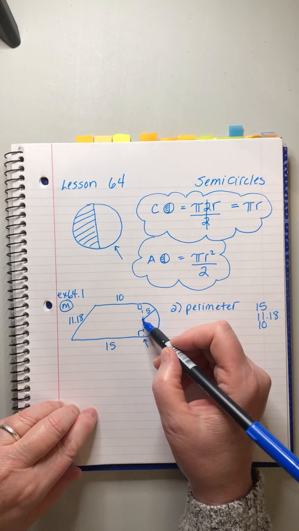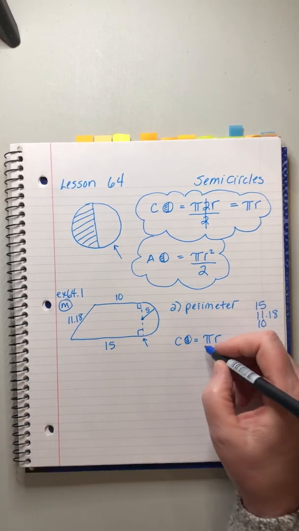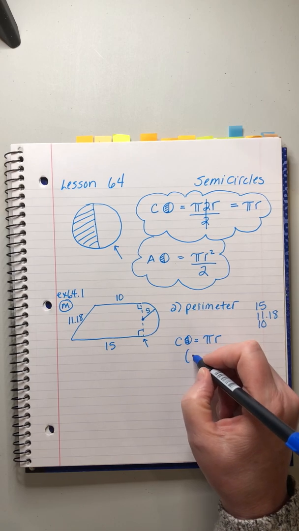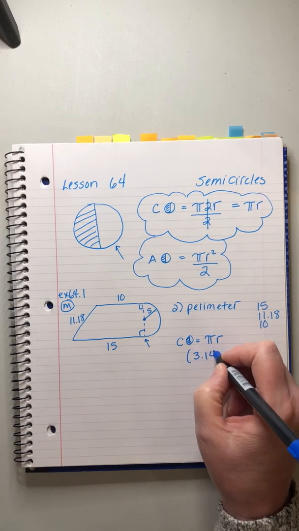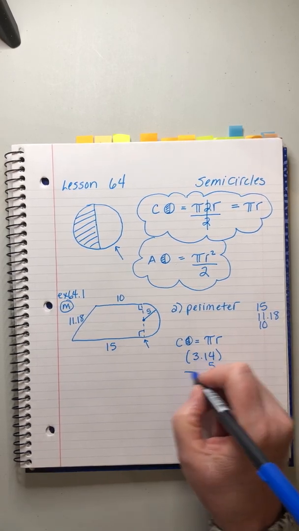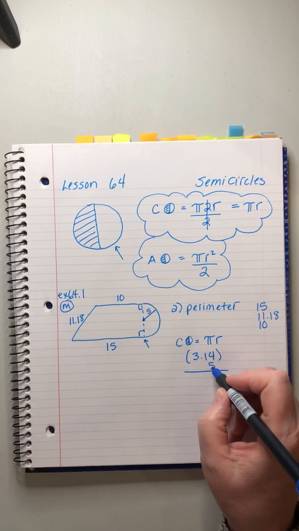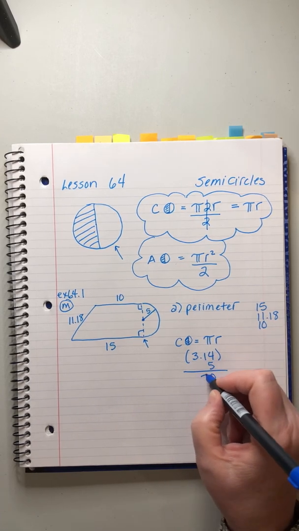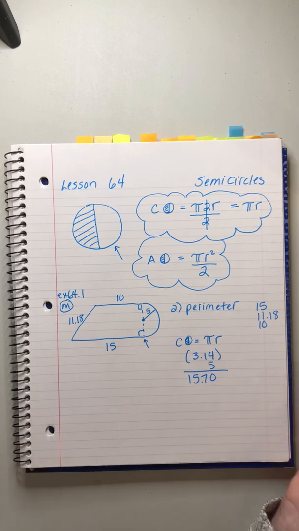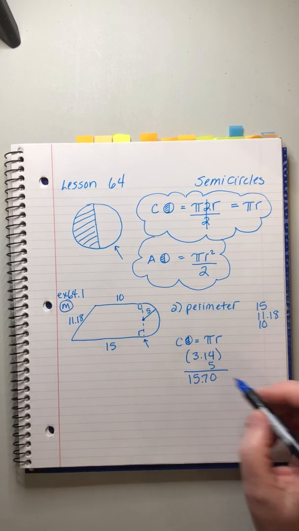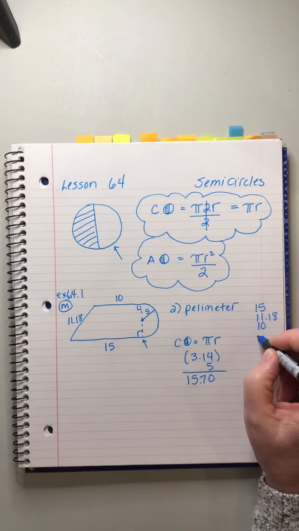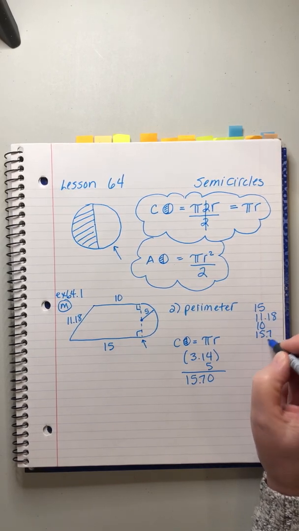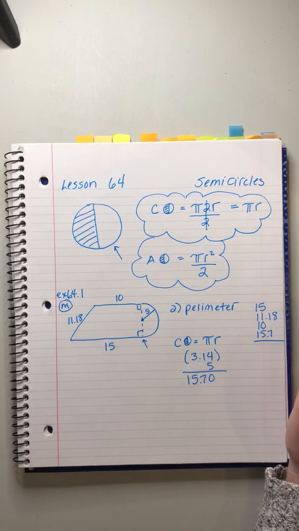That's what this is showing me. There's the center. There's the radius going out. So all I have to do is multiply 3.14 times 5. I don't know why I put parentheses around it. Ignore that. Let's multiply. I get 15.7. Right? So I add that to my list here. And now I'm ready to add it all up.